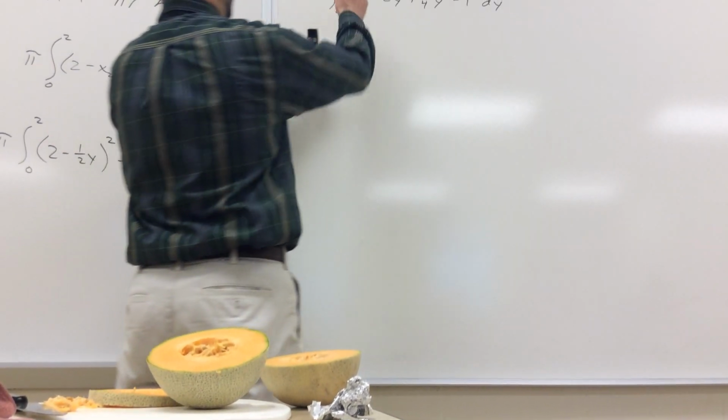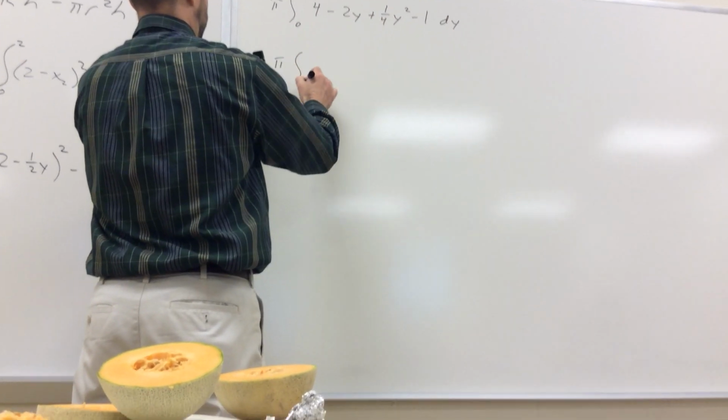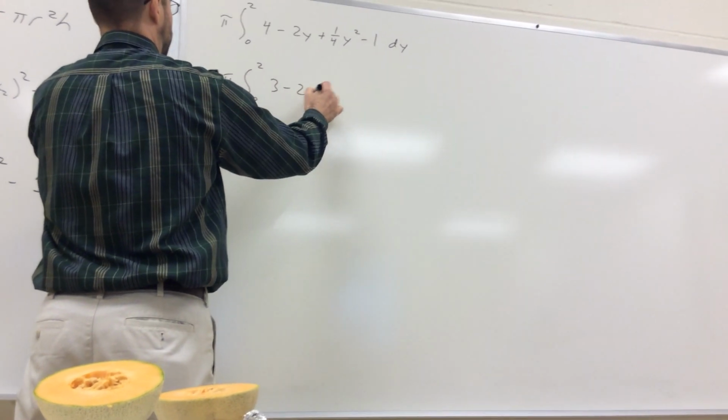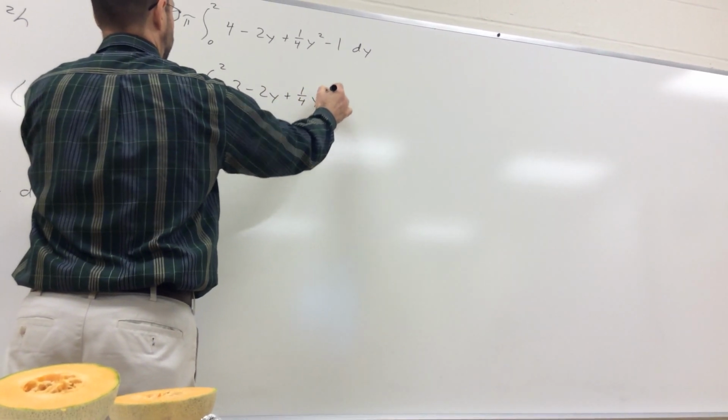Then I can combine the 4 and the 1 and make 3, so I got pi integral from 0 to 2 of 3 minus 2y plus 1/4 y squared.